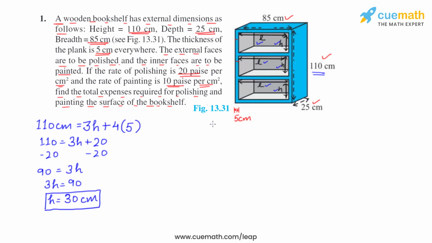Now let's find the length in the same way. So you can see 2 times the thickness plus the inner length should be equal to the total length, that is 85. It means L plus 2 times the thickness, that is 5, should be equal to 85. That implies L plus 10 should be equal to 85, and L comes out to be 75 centimeters.